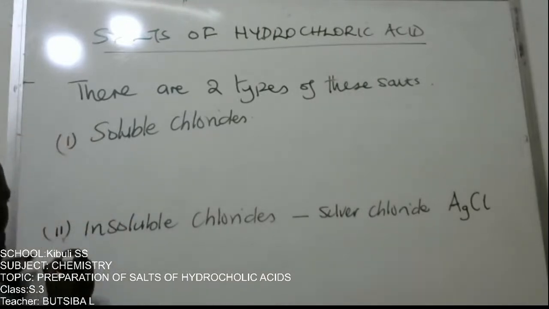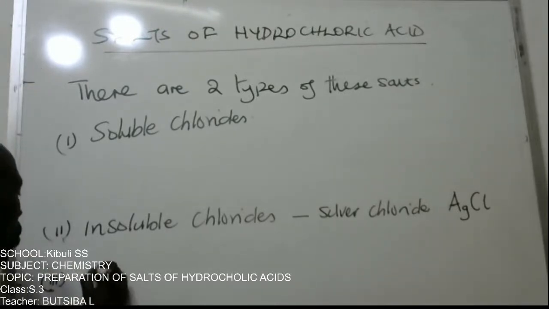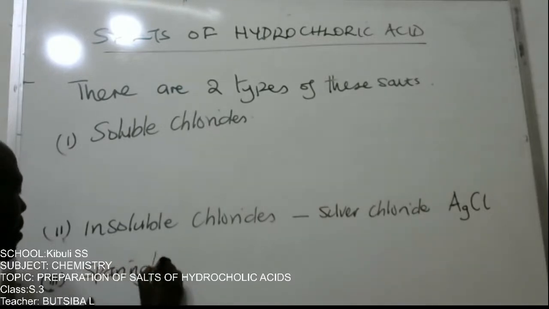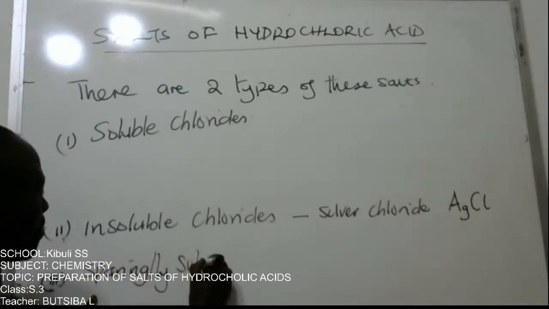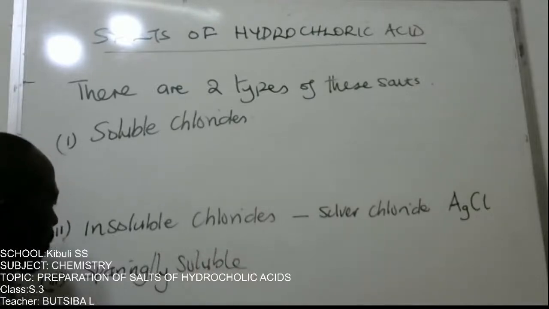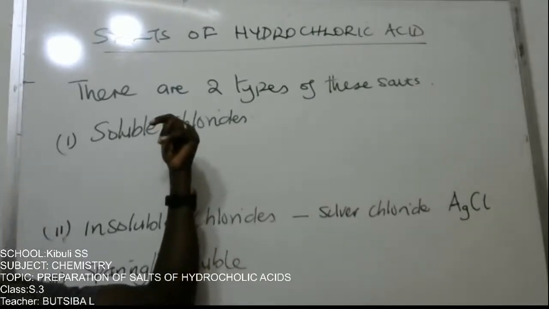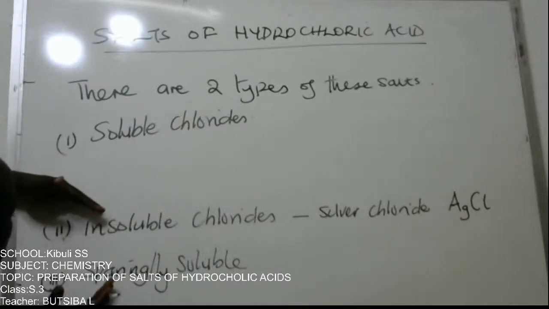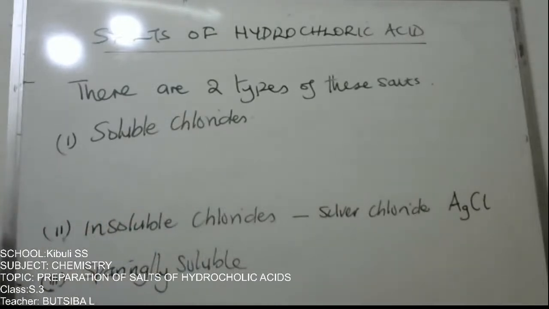There is somewhere, somehow, which I want to bring as Roman 3, though we count it under Roman 2, what we call sparingly soluble. Don't say you are writing 3, but you say there are 2, because Roman 2 and Roman 3 are merged together if we are looking at solubility at room temperature.